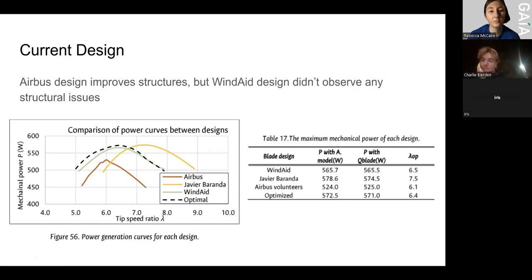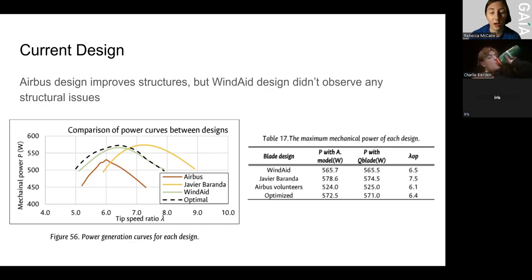Yeah, because the point of the competition is to improve from a baseline, it's really important to understand the current design that WindAid uses. WindAid has had this design for years. They honestly didn't really know how it performed aerodynamically until recently.